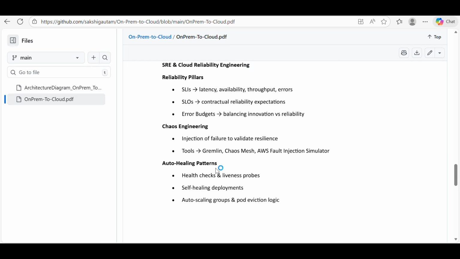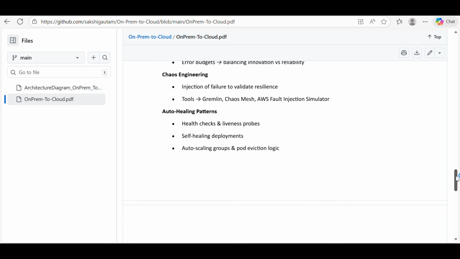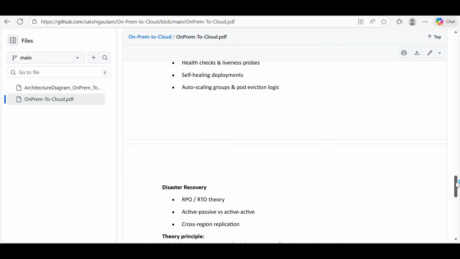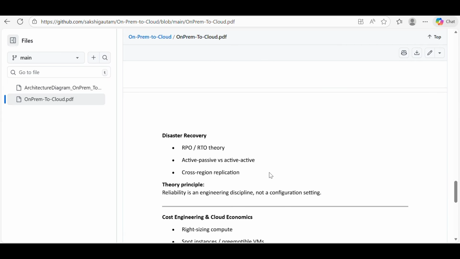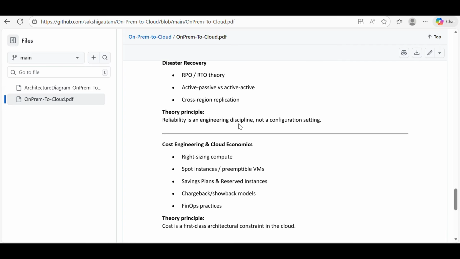We have auto-healing patterns, so we can automate things: if a pod goes down and we know the pattern, we can write a script to capture that event and trigger a healing script. We have disaster recovery, and for that we have RPO theory. So reliability is an engineering discipline, not a configuration setting.